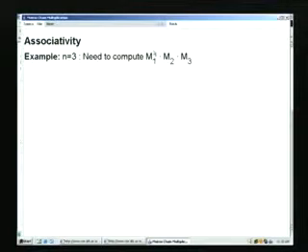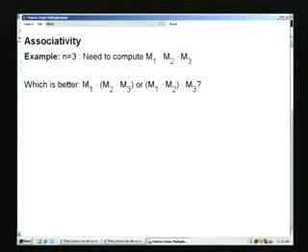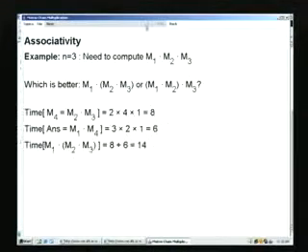Now, we need to compute the product m1 times m2 times m3. There are two ways to do this. One possibility is to multiply m2 and m3 first and then multiply that with m1, or multiply m1 and m2 first and then multiply that with m3. Let us take a specific example.